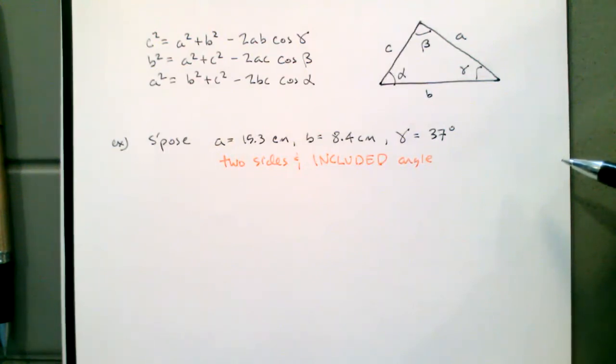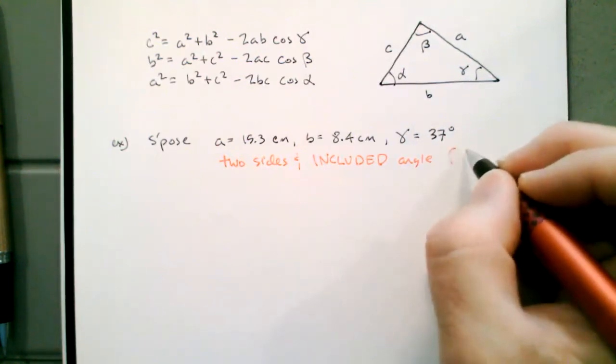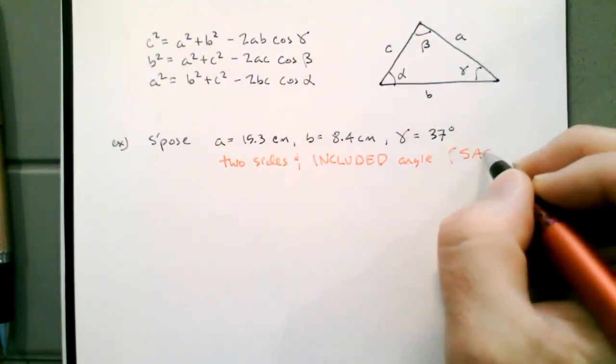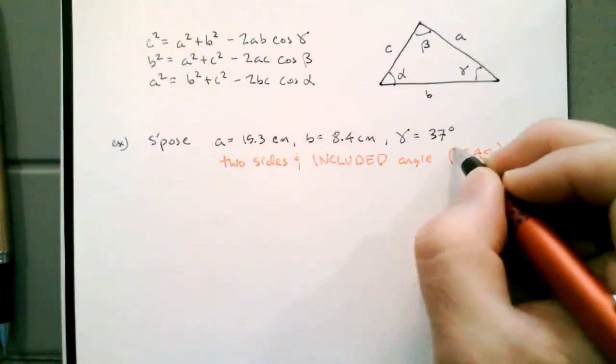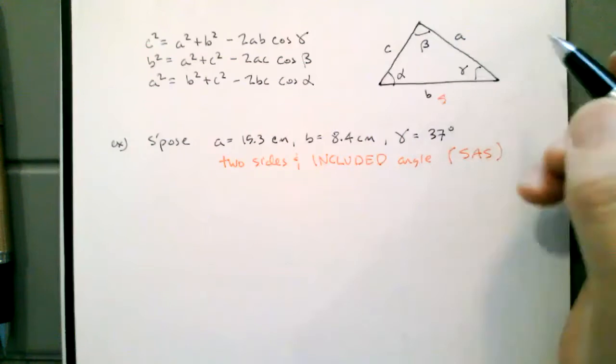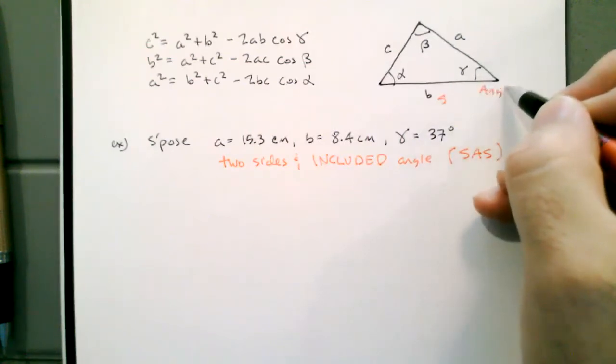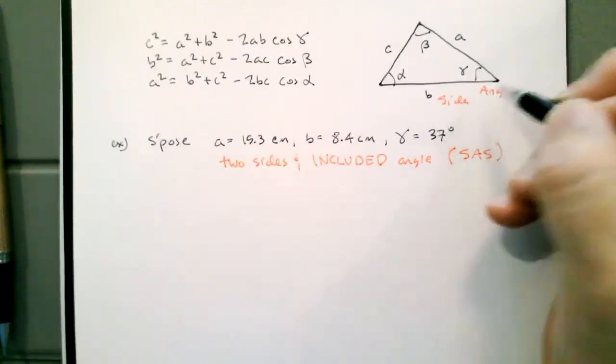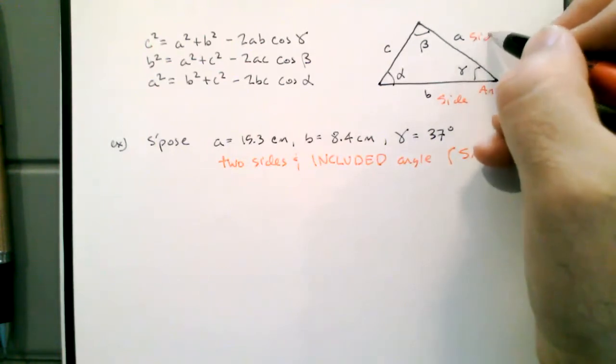We refer to this case as the SAS case, SAS for side, angle, side. Because we have a side, we have an angle, and a side.